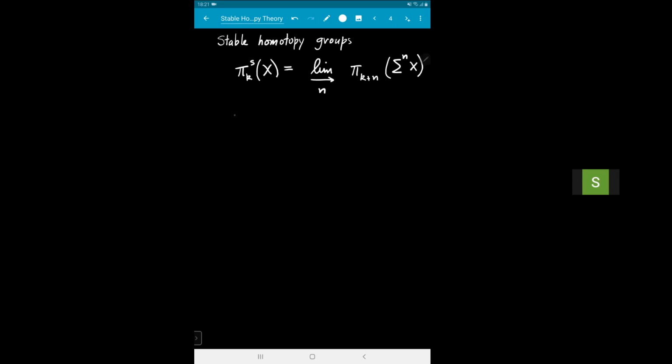If you have a map from S^(k+n) to sigma n X, then you can take the suspension and that will give you a map from S^(k+n+1) to sigma n plus 1 X. And so you pass to homotopy classes and then you can take the direct limit, which becomes an abelian group, and so this is defined for all k bigger than or equal to 0.